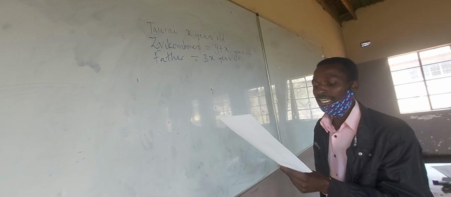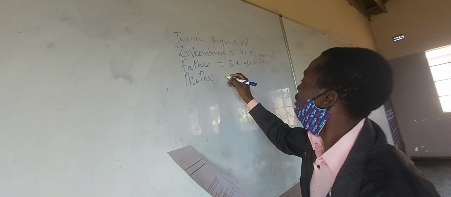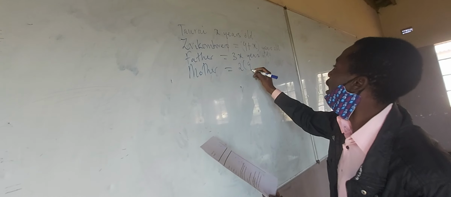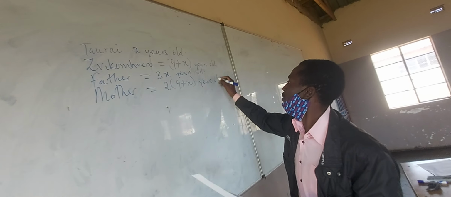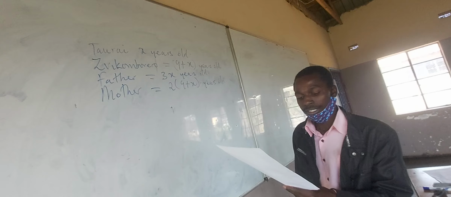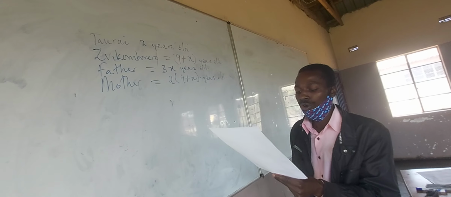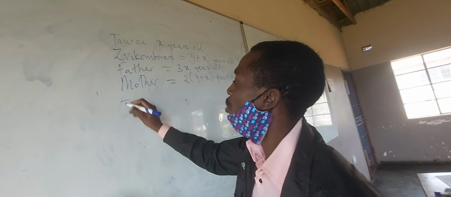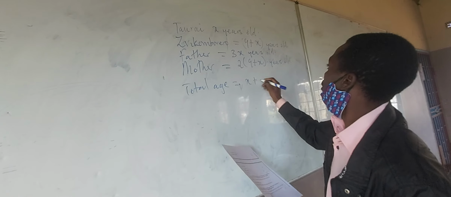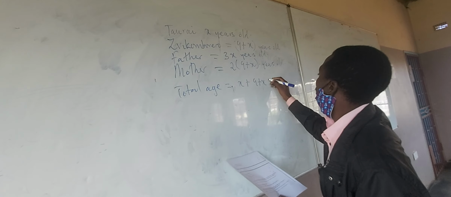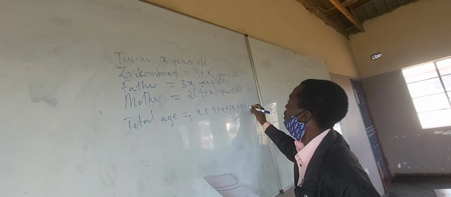Their mother is twice as old as Rikomborero. So mother is equivalent to 2 times (9 plus X). That's the age of the mother. Right? So item A, write down in terms of X an expression for the total age of the 4 members of the family. So total age is equivalent to X plus 9 plus X plus 3X plus 18 plus 2X.